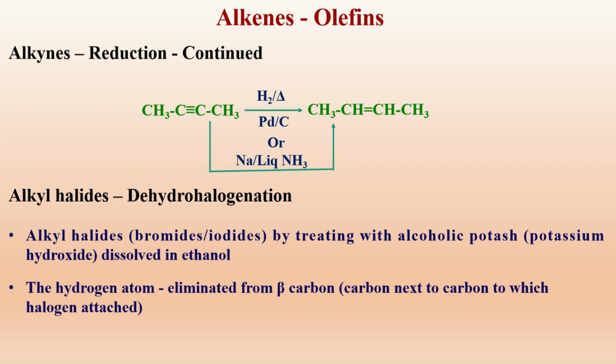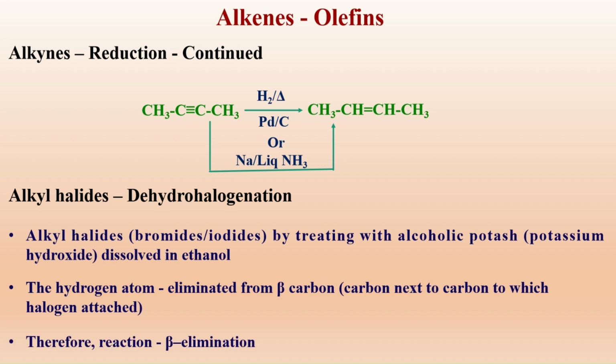And this undergoes elimination of hydrogen from the beta carbon. What is this beta carbon? It is the carbon which is next to the carbon to which the halogen is attached.